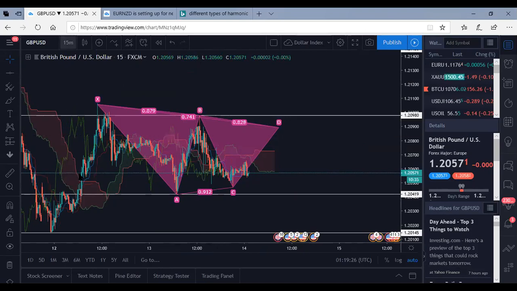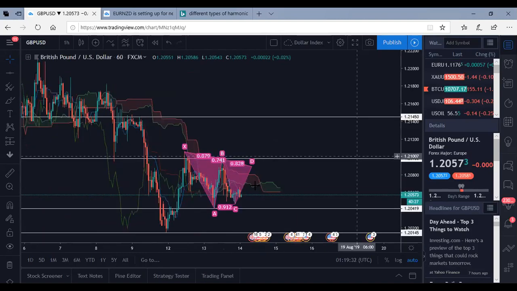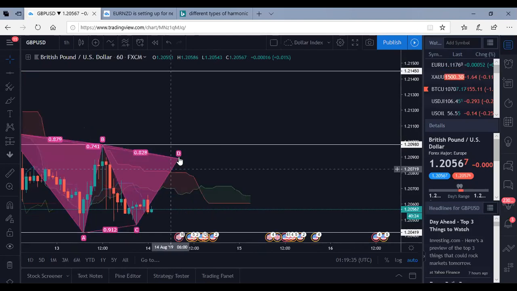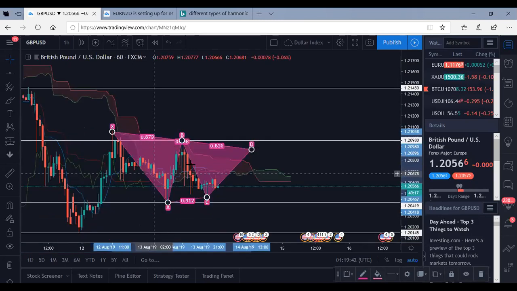So let's look at the 1 hour. Okay, a little bit better on the 1 hour. The reason I like using the cloud with this is because it really gives me my entry points.